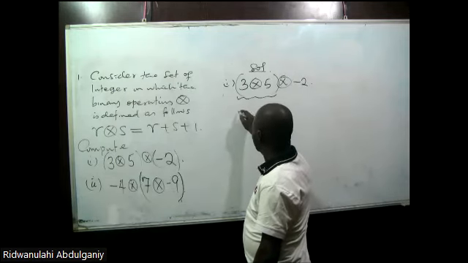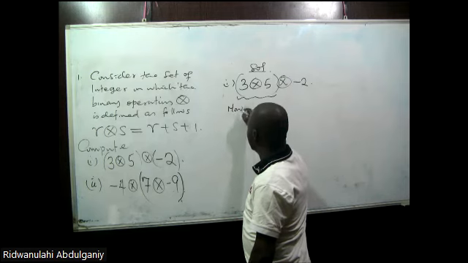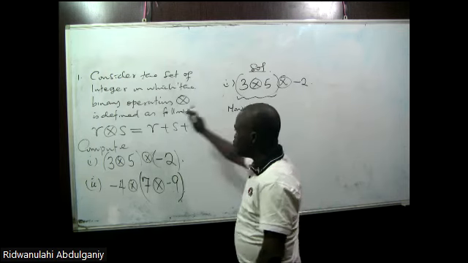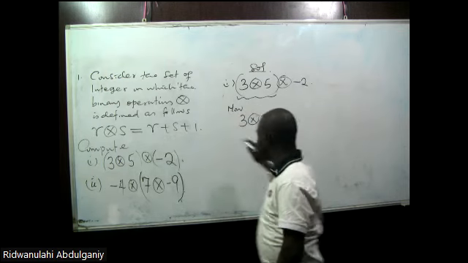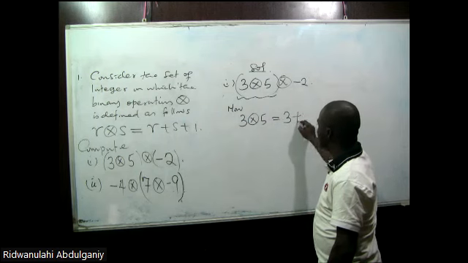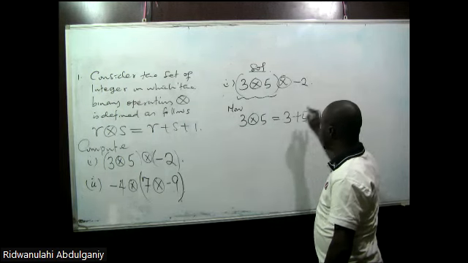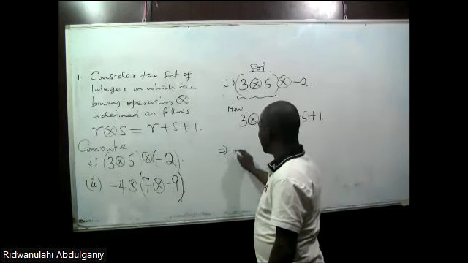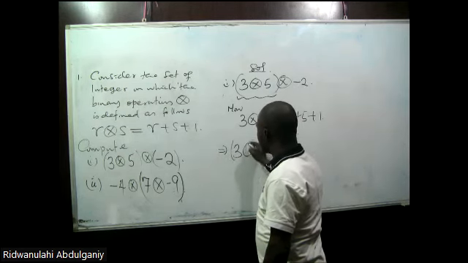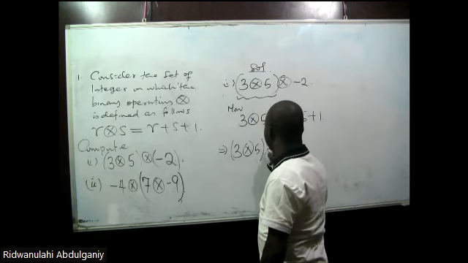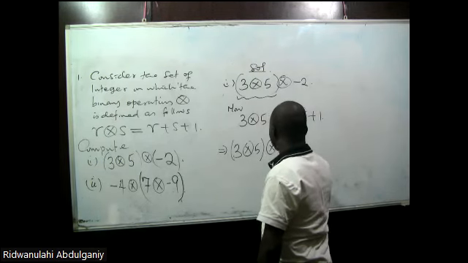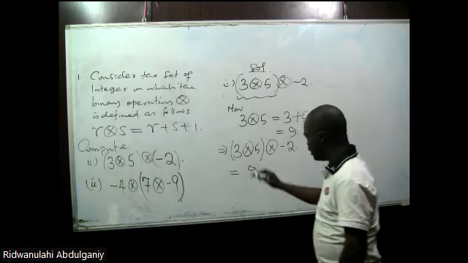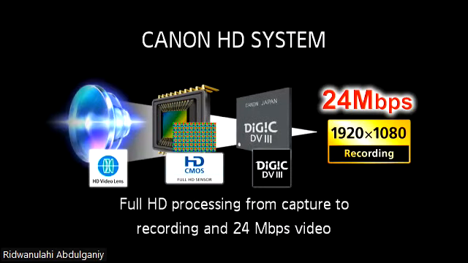So now, what is 3 operation 5? First element plus second plus 1, and that gives us 9. So this implies that 3 operation 5 in brackets operation minus 2 equals 9 operation minus 2.